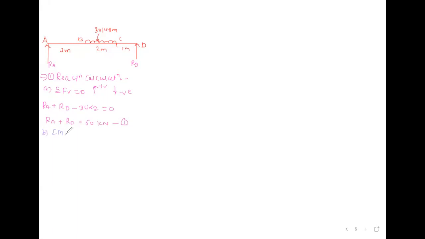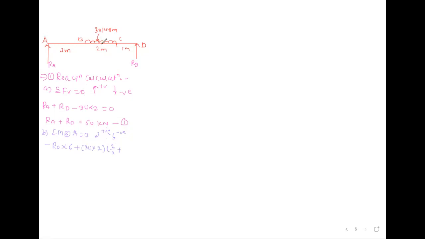Then we will apply second equation, that is summation moment at A equal to 0, clockwise positive, anti-clockwise negative. Okay, so this RD creates anti-clockwise moment. So minus RD into perpendicular distance 6 meter. After that, we will move toward this 30 kilonewton per meter force. This creates clockwise moment, 30 into 2. Then it will act at 2 by 2 plus we have to add this 3 meter.